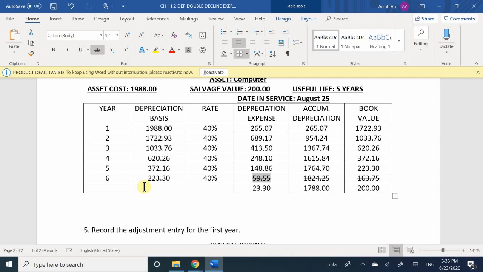We would have done the same thing and then gone back and done it again. Some people don't catch it right away. I'm only $23.30 away from 200. And it doesn't matter when the asset ends, as long as within the last remaining part of its life, you depreciate $23.30.